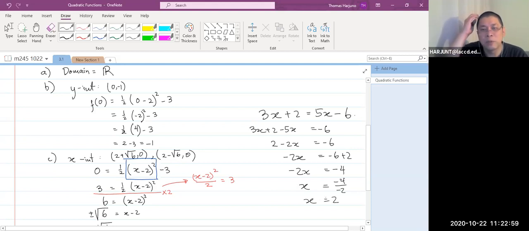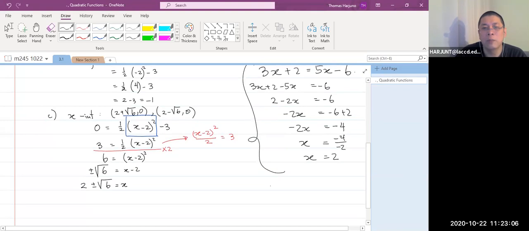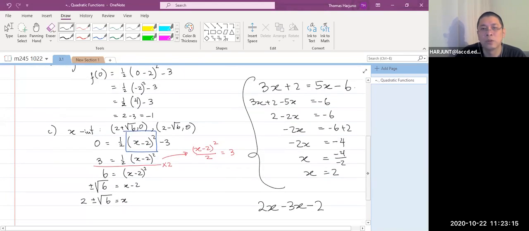Now, this seems to make so much sense, right? But will the same person who does it this way be able to factor, for example, 2x squared minus 3x minus 2? Do you think so? The skill for you to factor this will make you very impatient in showing the work this way. It's not natural.